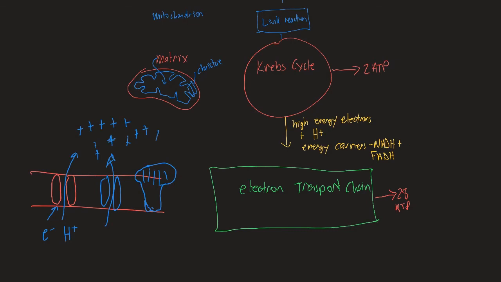When those protons then go back down via diffusion through a concentration gradient, that process provides the energy to convert the ADP to ATP.